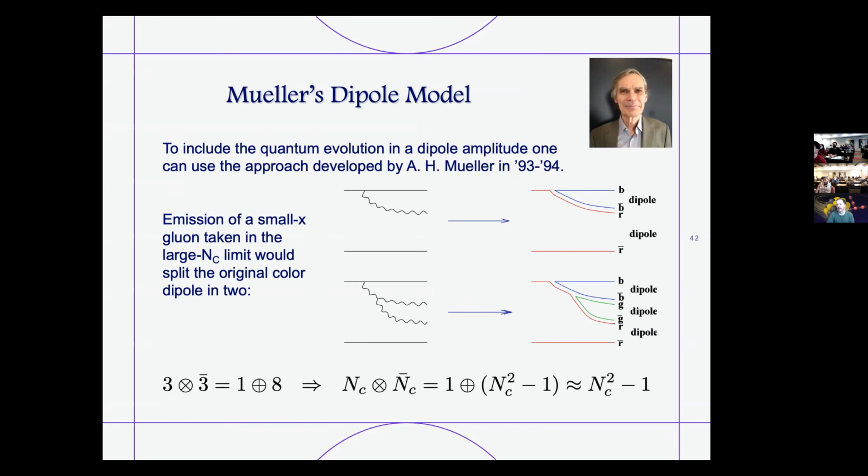So NC is the number of colors. You can take a theoretical limit where NC is large, then corrections to it will be suppressed by 1 over NC, or actually in the case of gluons by 1 over NC squared. If you're worried that 1 over NC is just 1/3 and it's not really a small parameter, well, Ed Witten back in the 80s, I think, came up with the argument that in QED, in electrodynamics, E, the electron charge in natural units, is about 1/3 as well.